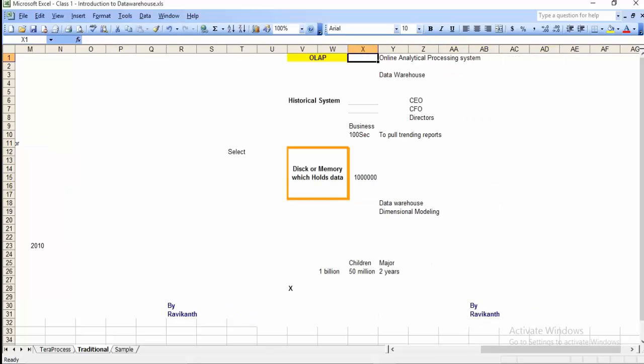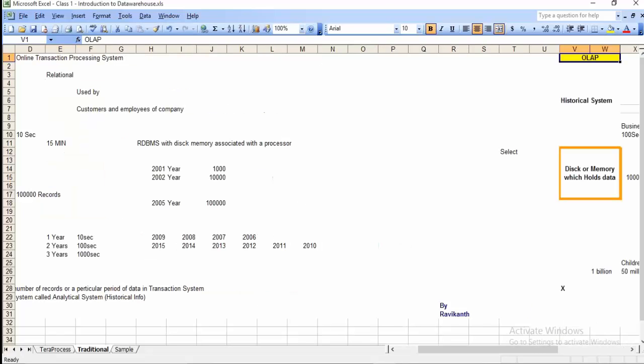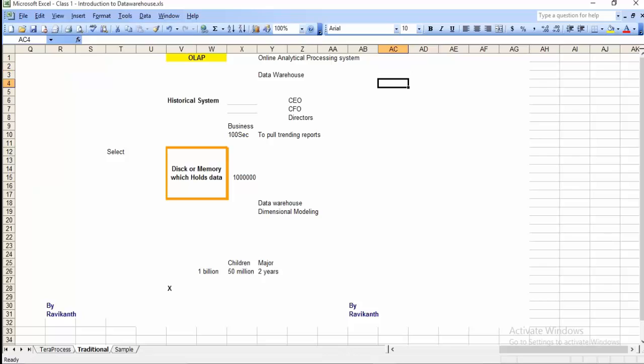Because the purpose is totally different, the way we design these systems is totally different. So what is the method we follow to design OLTP? Generally we follow the relational model. What about the data warehouse system? We generally use dimensional modeling.